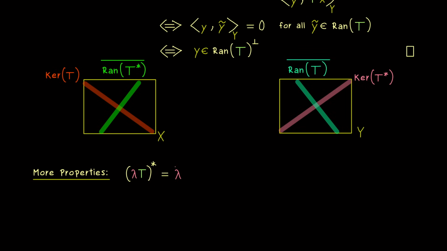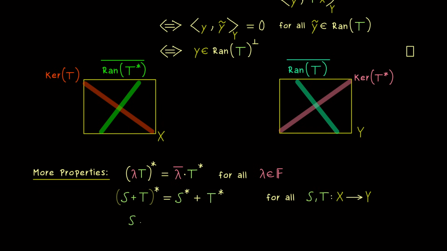The only thing that happens, as you can see in the inner product, is that we get the complex conjugation of lambda. This is quite simple to show, so I just state it here. And a similar thing we get if we just add two operators S and T. Then the inner product also shows us that we can pull out the addition without any problems. So we just have the adjoint of S plus the adjoint of T.